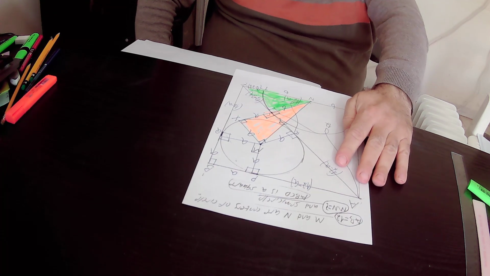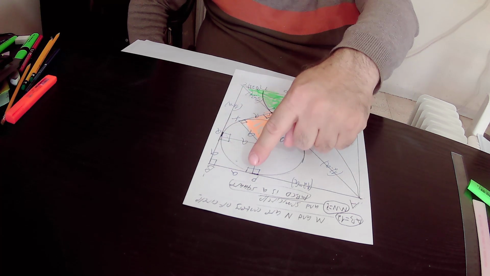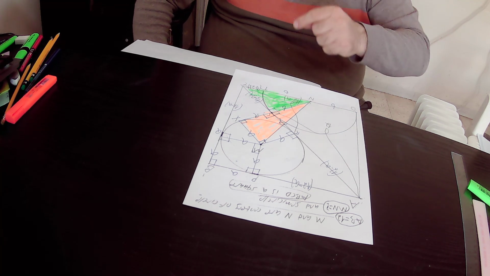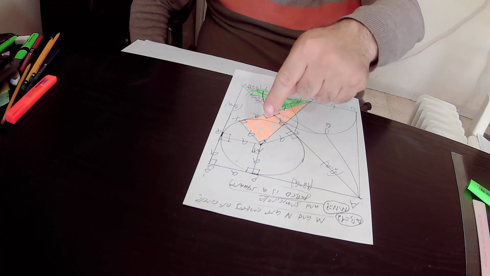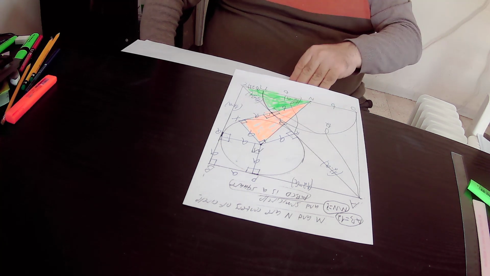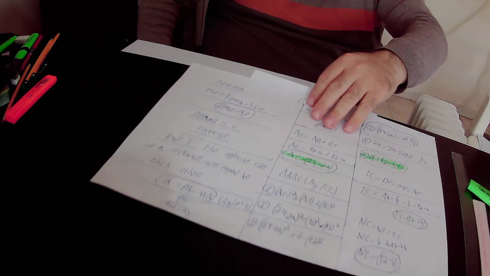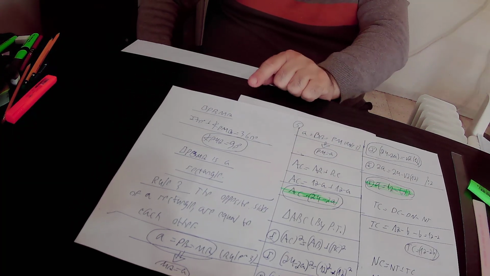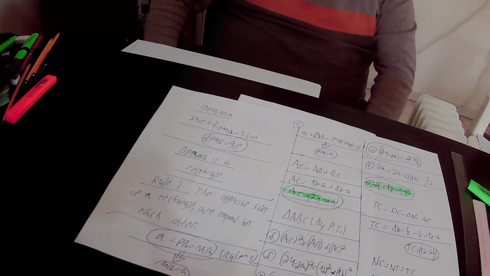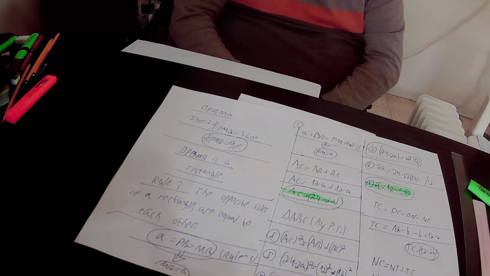So in quadrilateral PBMQ we have 3 right angles, 1, 2, 3, and the sum of 3 right angles is 270 degrees. So 270 degrees plus the size of angle PMQ, in total, must be equal to 360 degrees, according to the rule that the sum of the angles in any quadrilateral is equal to 360 degrees.